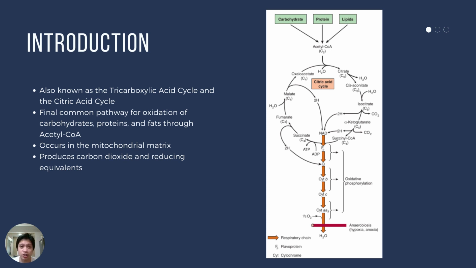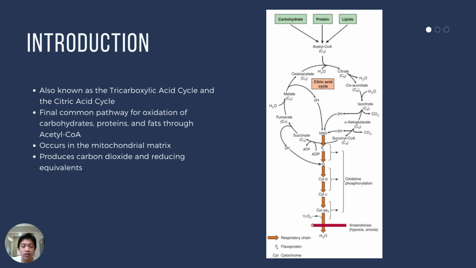Now let's turn our attention to the image on the right. One will see that carbohydrates, through glycolysis and the intermediate step of pyruvate dehydrogenation, produce acetyl coenzyme A, which has two carbons.